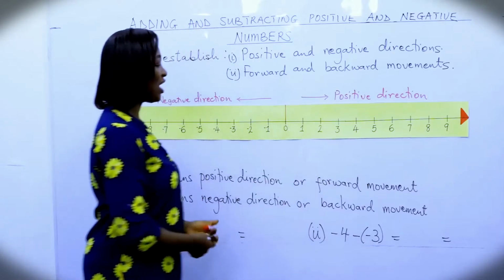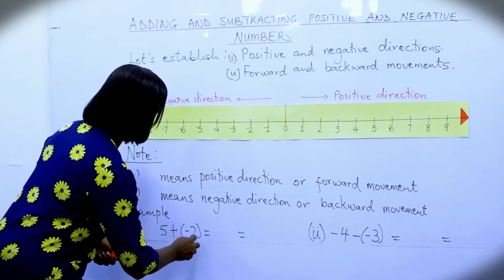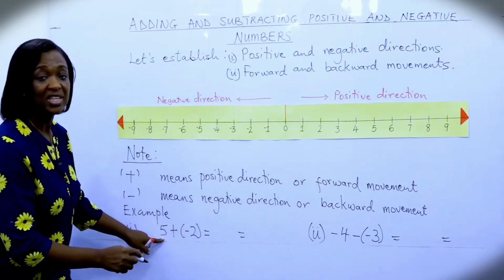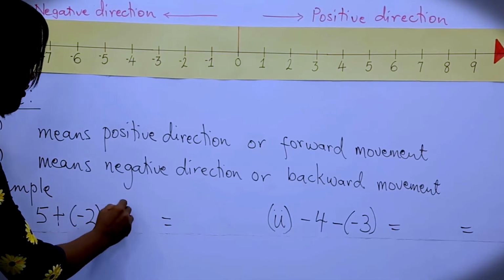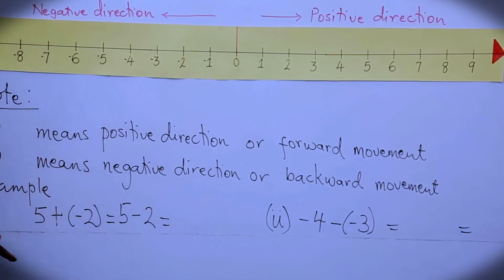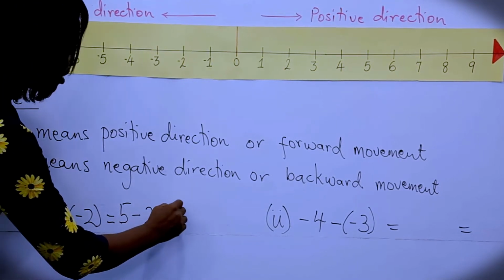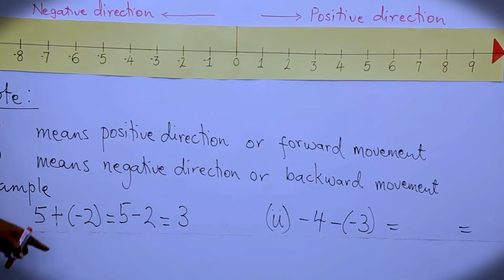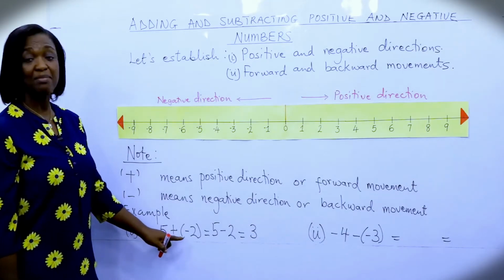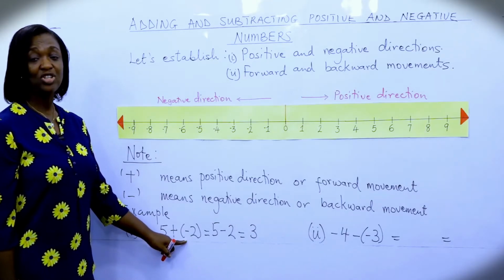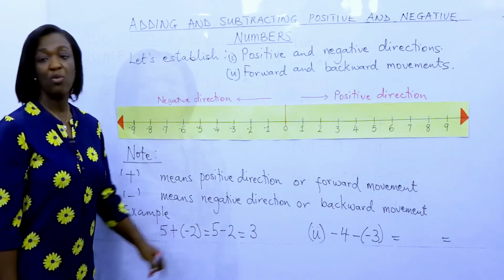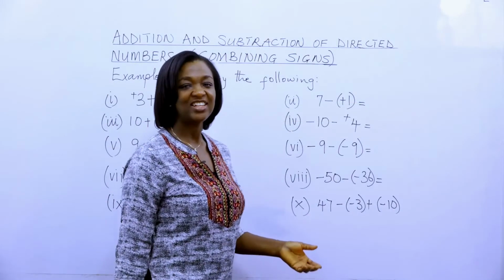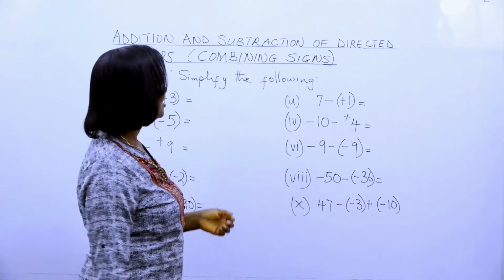So the answer will be 3. That's the same thing like saying 5 minus 2. And 5 minus 2 is 3. So we're saying that plus and minus actually means take away. Having gone over that, let's look at these examples.